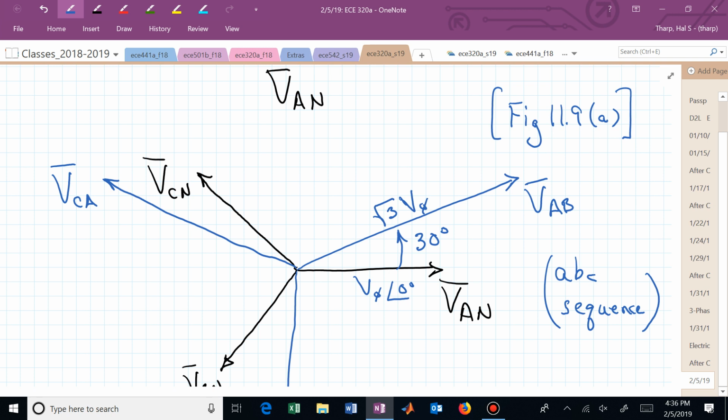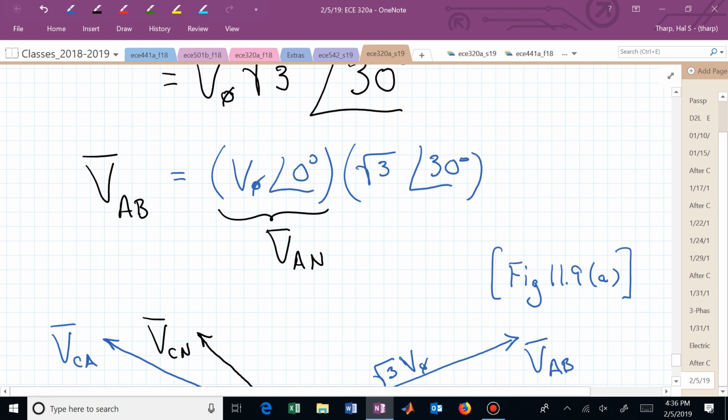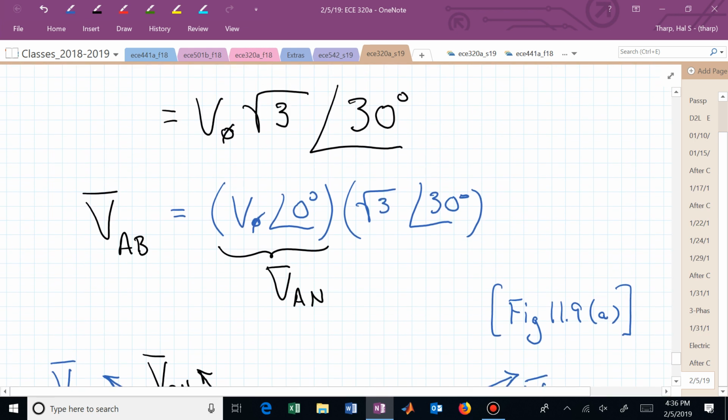Or if somebody gave you the line voltage, you could back out and say, oh, my phase voltage must be this, by just doing the opposite. If you now need to find V sub AN, do you see that you could divide both sides by the square root of 3 at 30 degrees and find V sub AN, just solving for it?